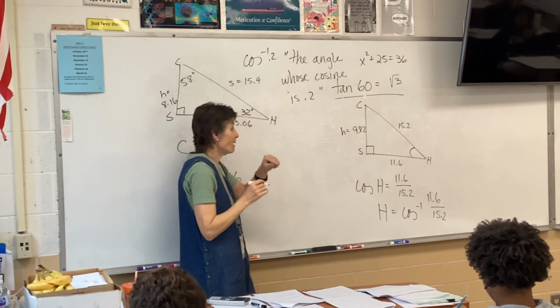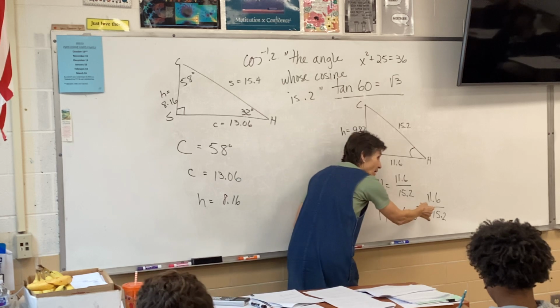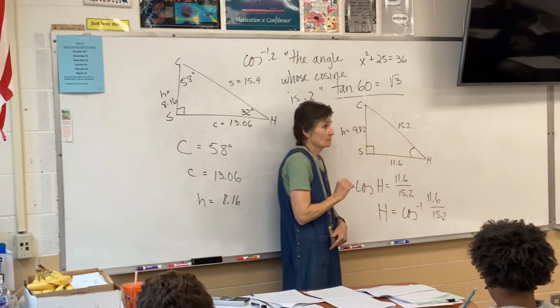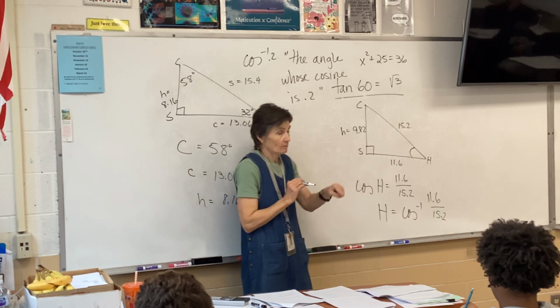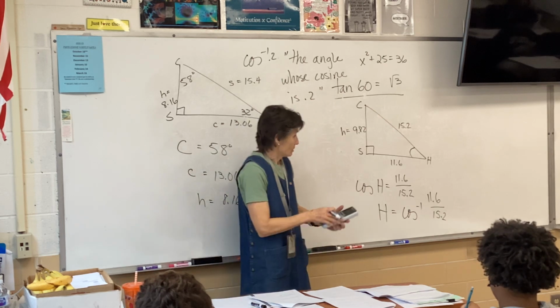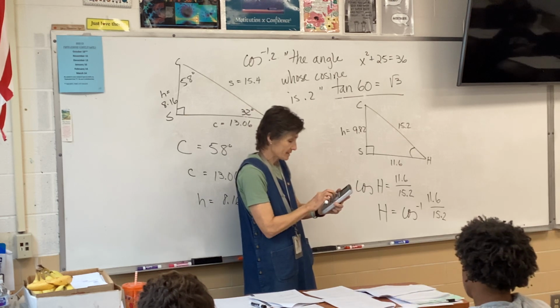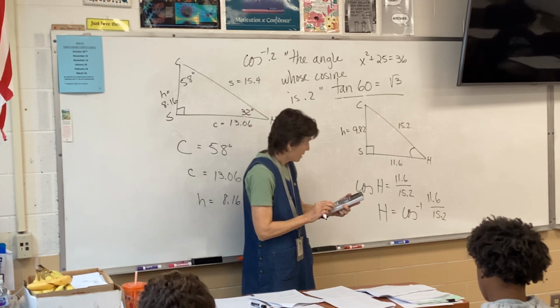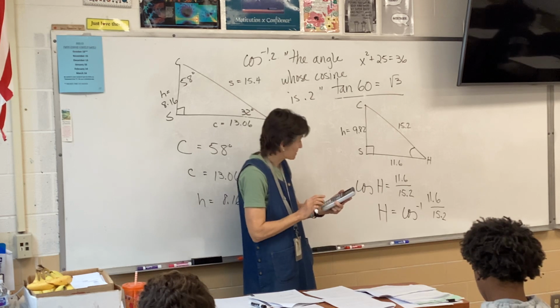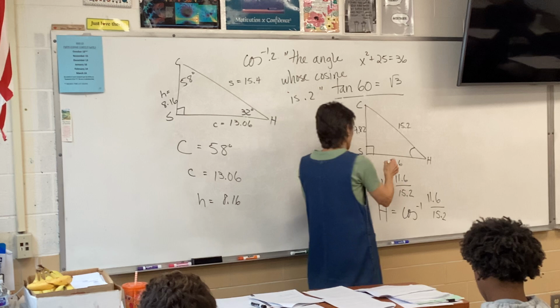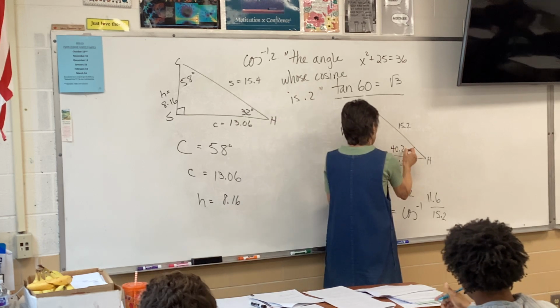So these buttons give you an angle. They're going to give you an angle. So second cosine 11.6 divided by 15.2, did you get 40.26 degrees?